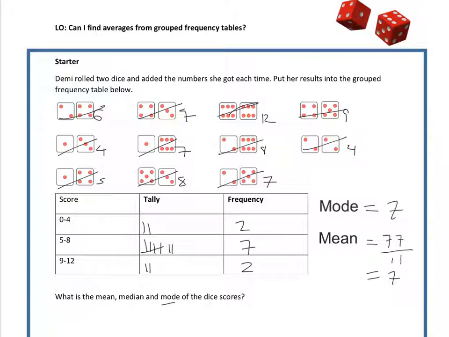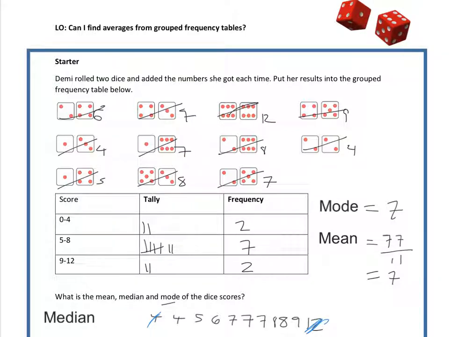And then finally our median, that is all the numbers in order, put them in order, and then the middle number. So I'm going to rewrite all of these numbers in order. Now that I've written them in order, we need to find the middle number. So I'm just going to cross off 1 from each end and keep going.